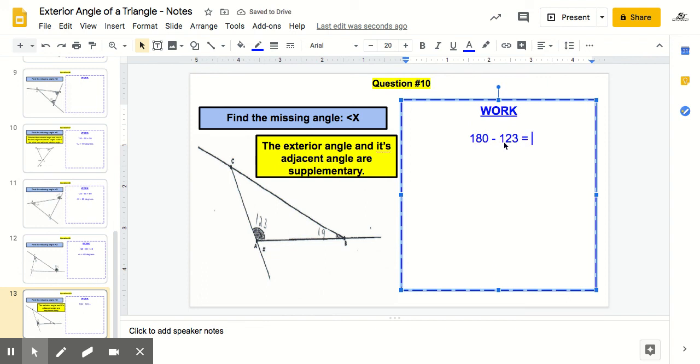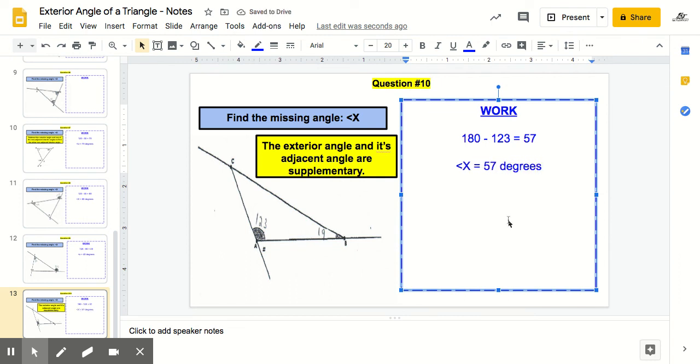And the reason why I'm subtracting 180 minus 123 is because remember, supplementary angles have to add up to be 180 degrees. Okay, so we already used up 123 degrees of that. So in order to figure out how much is left over, we simply subtract 180 minus 123 and we get 57. So the measure of angle x is equal to 57 degrees.